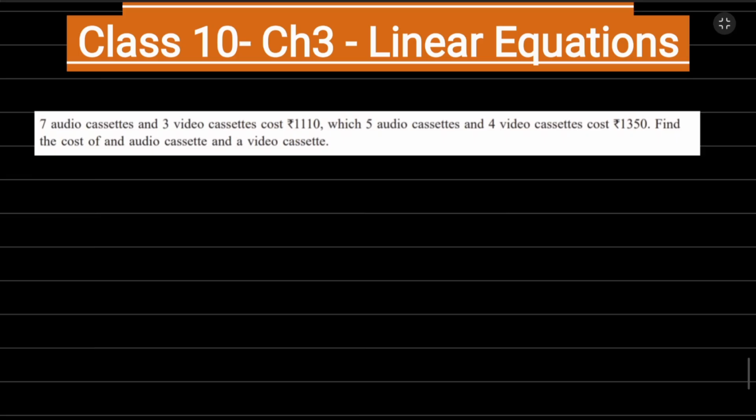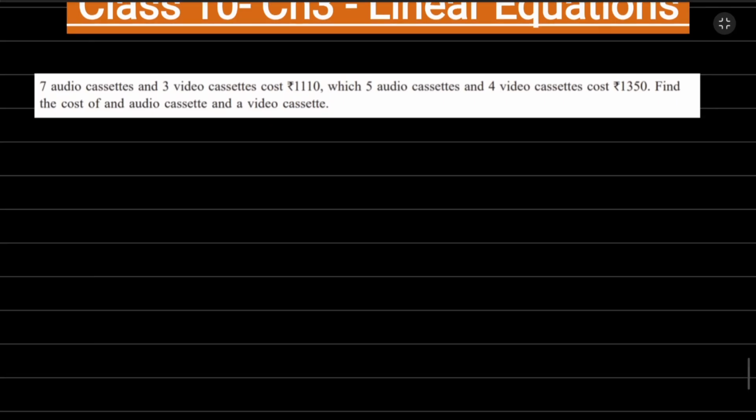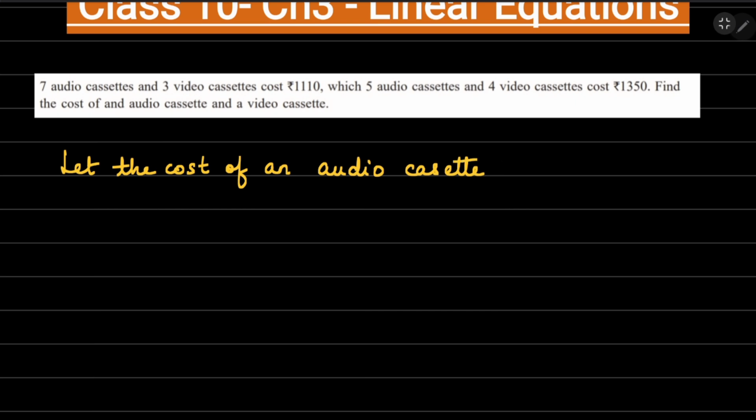When you start writing any kind of word problem, you'll always write: let the cost of an audio cassette be x rupees, and the cost of a video cassette be rupees y.